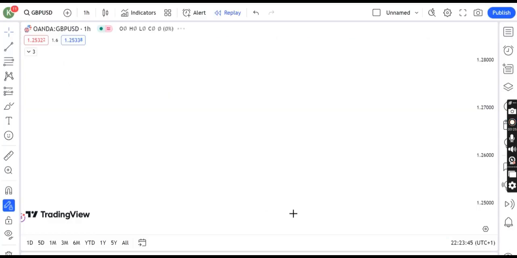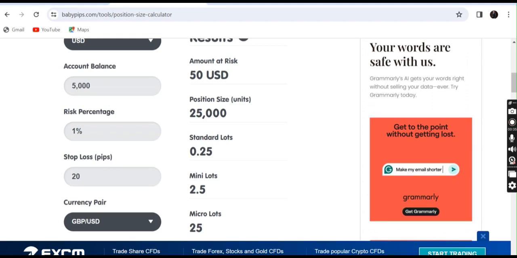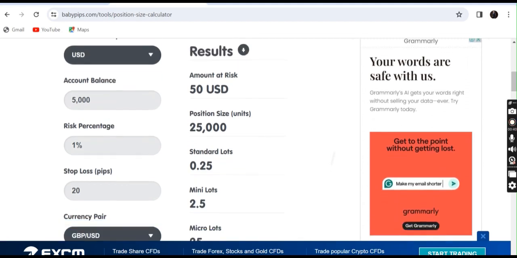So now I'm going to just go straight to my chart and quickly show you a few things, and also my position application, or my position website.